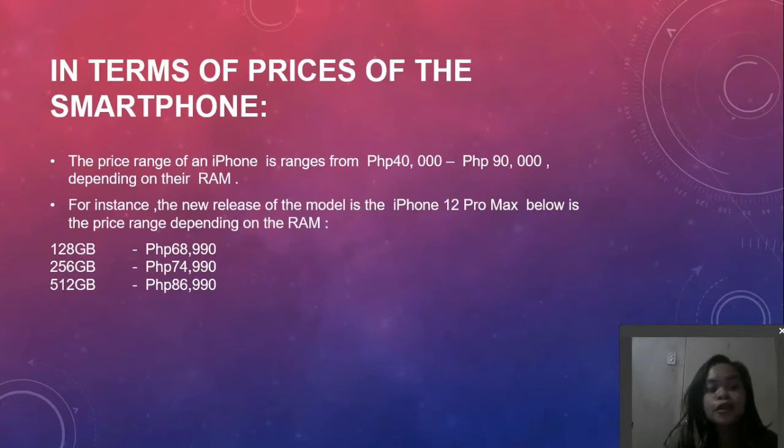If customers buy the 128 GB, the price is 68,990 pesos here in the Philippines. I know it's a bit pricey, but the functionality of the iOS is very reliable.